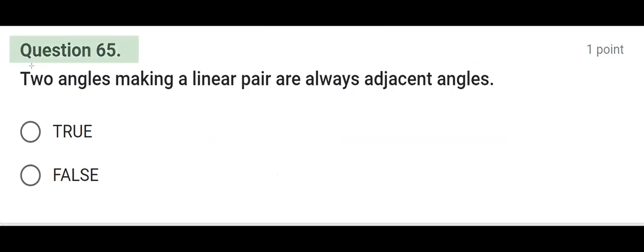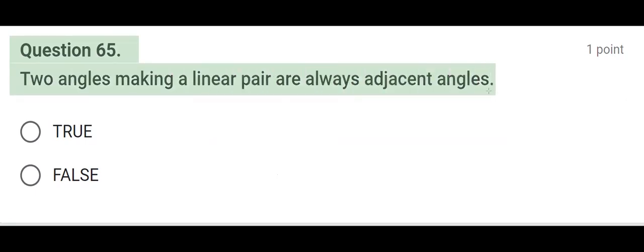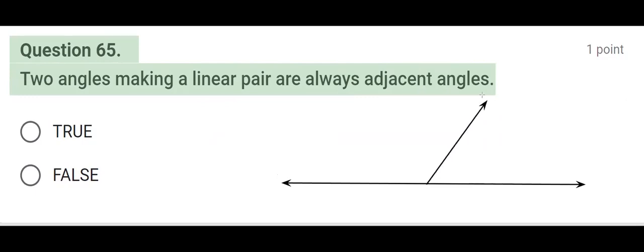In question number 65 it says two angles making a linear pair are always adjacent. Once again, we can take an example here. Say I made a straight line and took two angles, this angle say as A and the other as B. Now they are forming a linear pair as the sum of these is forming a straight angle, that is 180 degrees.